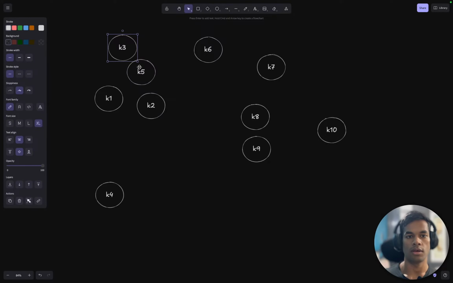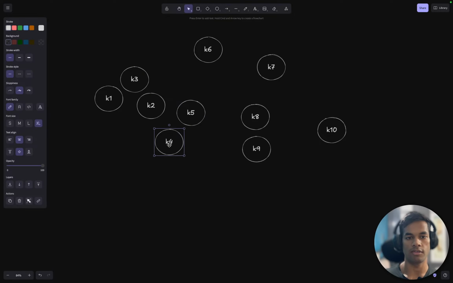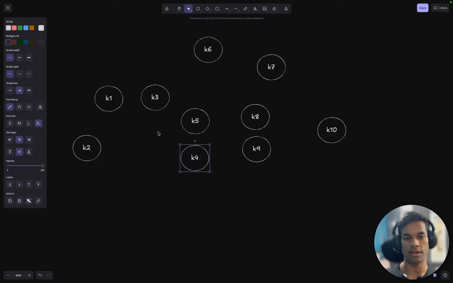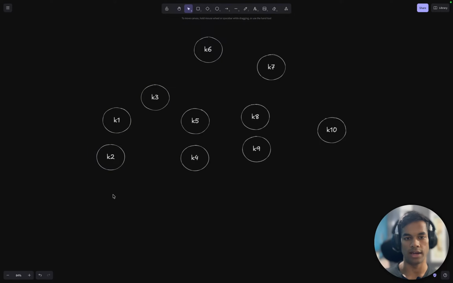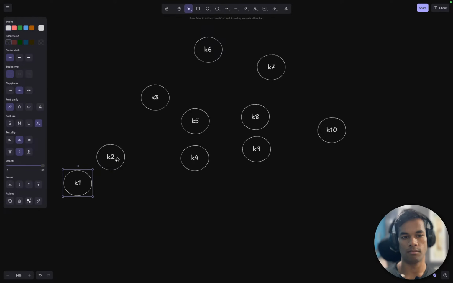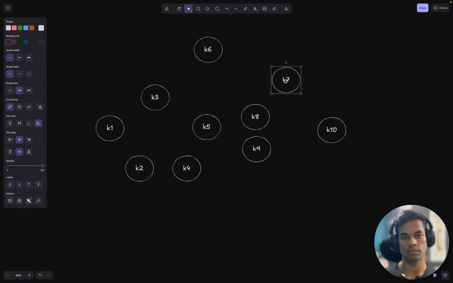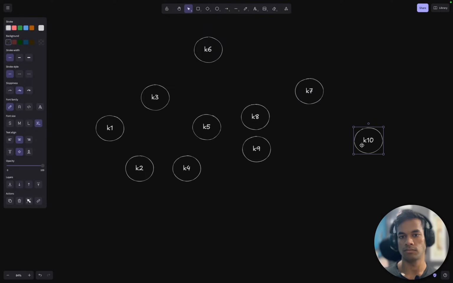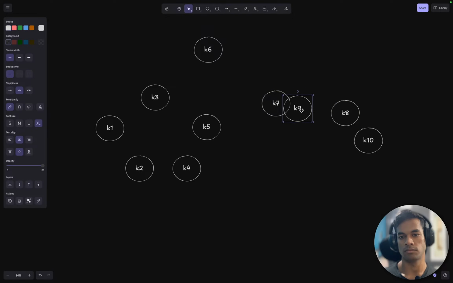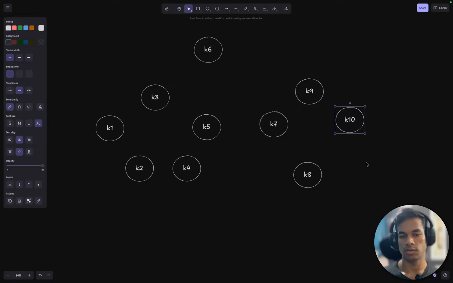If we choose K3 as the next root node, then this also divides the whole subtree into two sections: K5 and K4, which will go to the right, and K1 and K2, which will go to the left. And then internally, we could have something like this. This would be our tree.